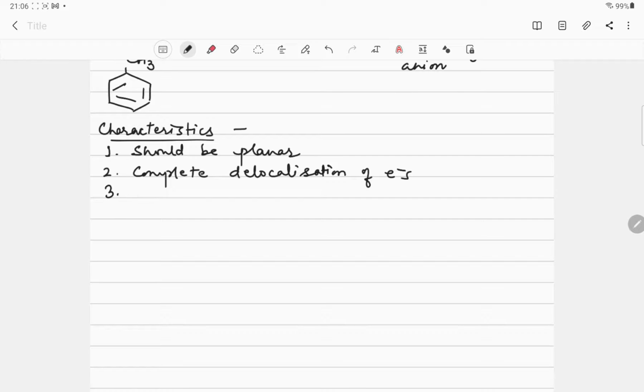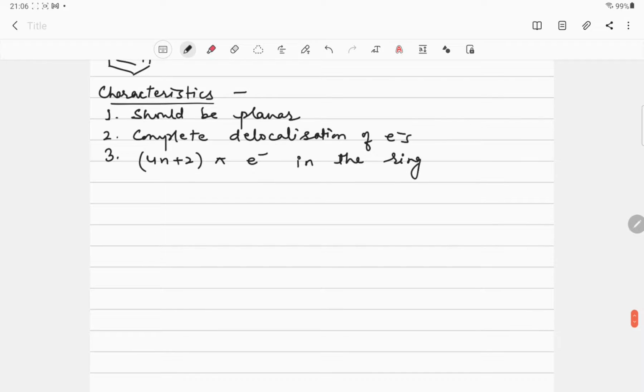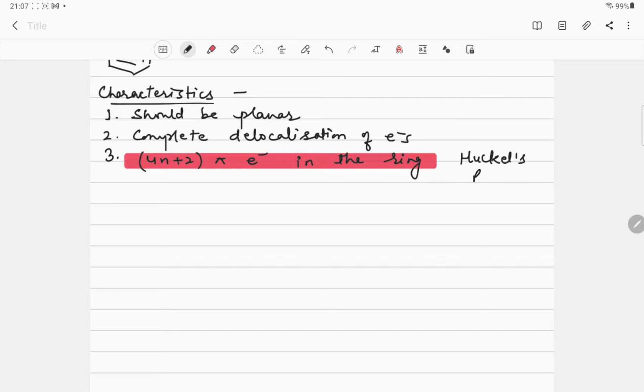The next condition is that the compound must contain 4n plus 2 pi electrons in the ring, and this particular rule is also called Huckel's rule, or the 4n plus 2 rule.